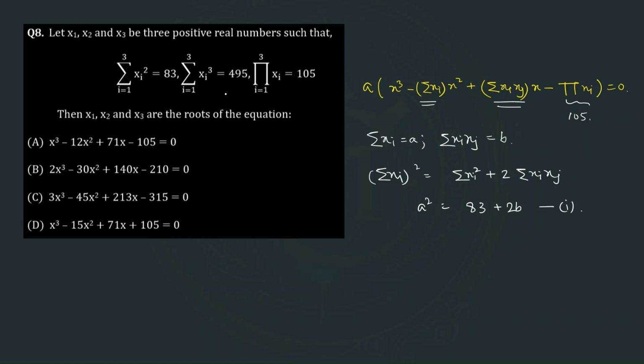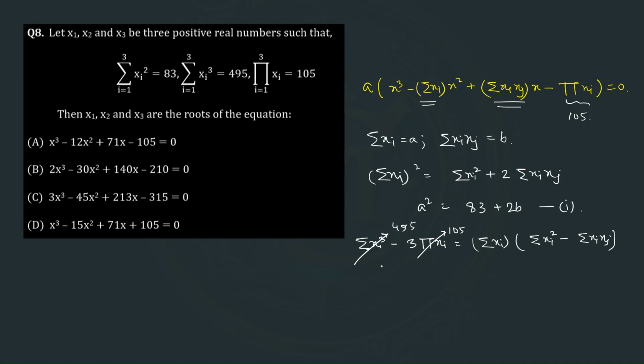Now let us consider this piece of information. So we know summation xi cube minus 3 times product of xi is equal to summation xi times (summation xi square minus summation xixj). So this is known to us, which is 105, and this is also known to us, which is 495.